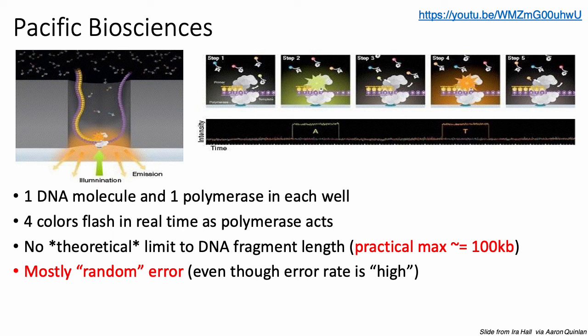And so what that means is that there's less bias in the sequences that you get. So for some types of sequencing technologies, GC-rich sequences, for example, tend to get more errors in them, whereas with PacBio, the errors are more evenly distributed among the different types of DNA sequences that you can sequence.